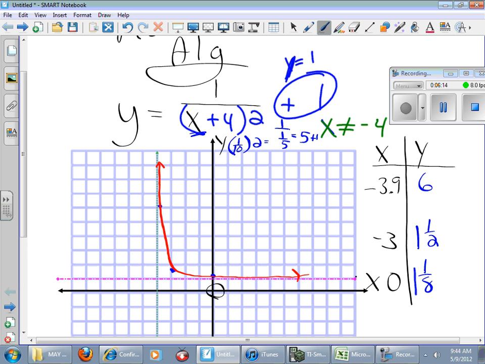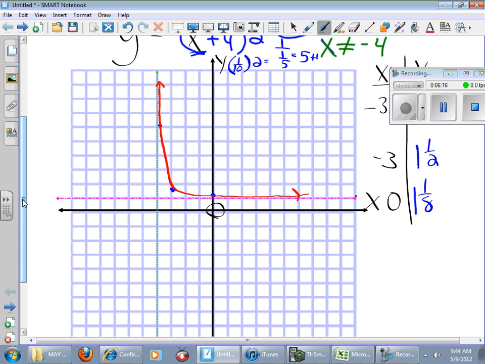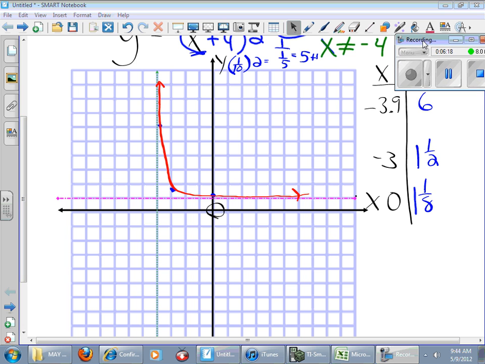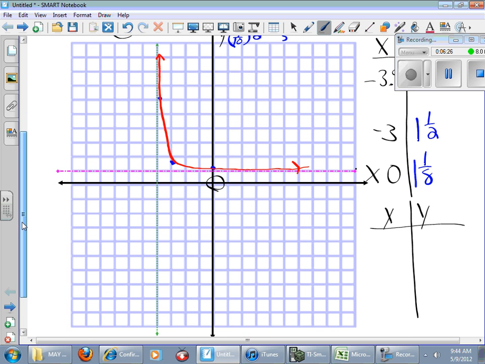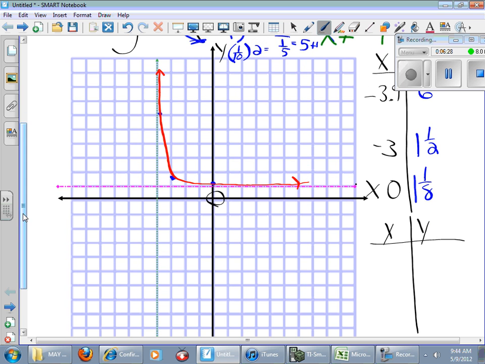Now, to get the other 3 points, to make this easy, I'm going to use my symmetry. All right, so I'm going to go X and Y, and I am going to plug in, well, this X value was 1 unit away to the right. I'm going to go 1 unit away to the left. I'm going to go with a negative 5.